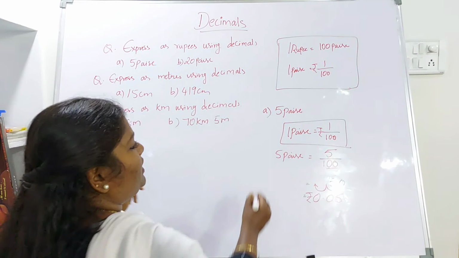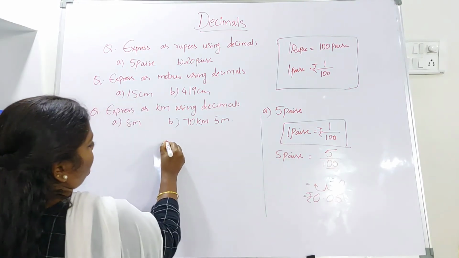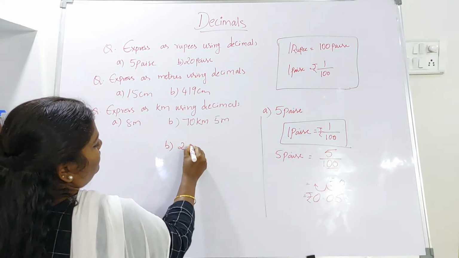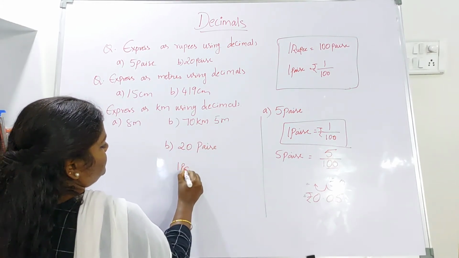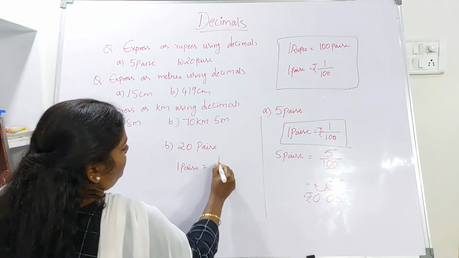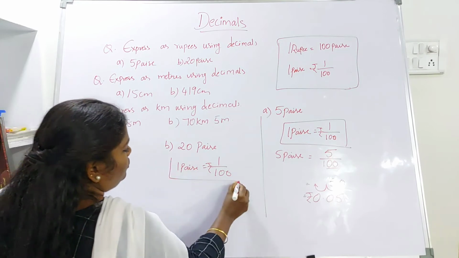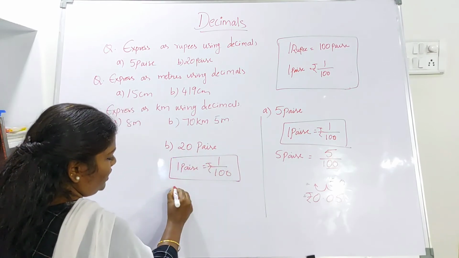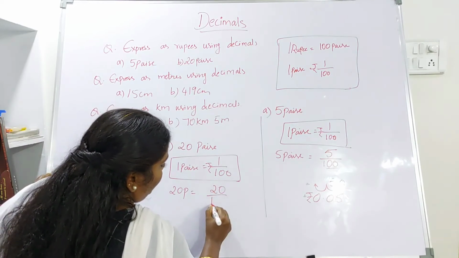Yes. So let me explain the next one, that is 20 pies. Same, 1 pie is equal to 1 by 100th rupee. Now you need to convert into rupee. So this 20 pies is to be divided by 100.